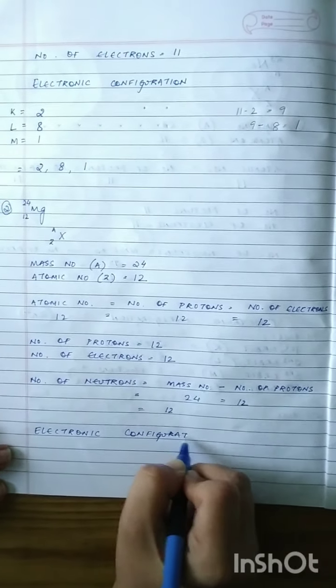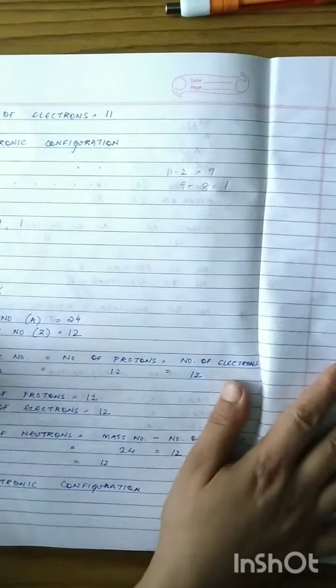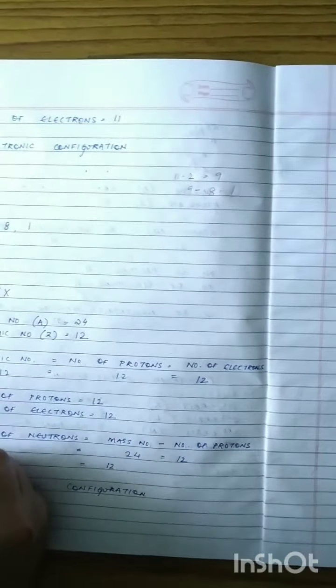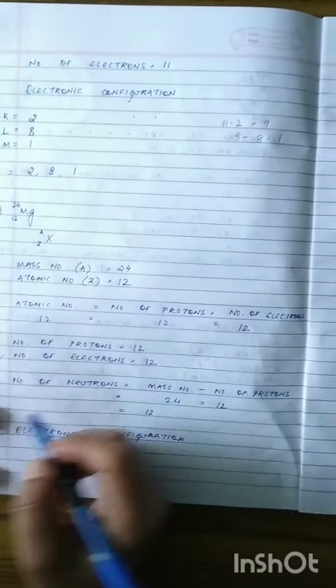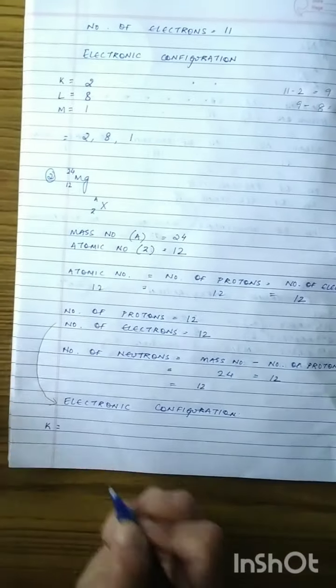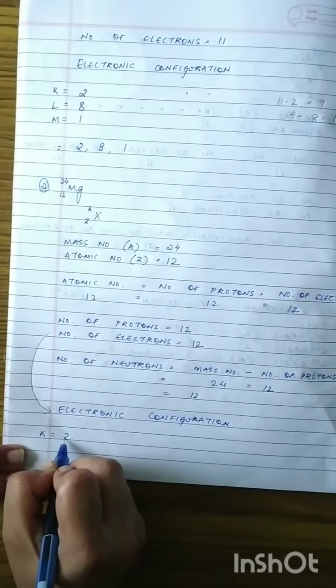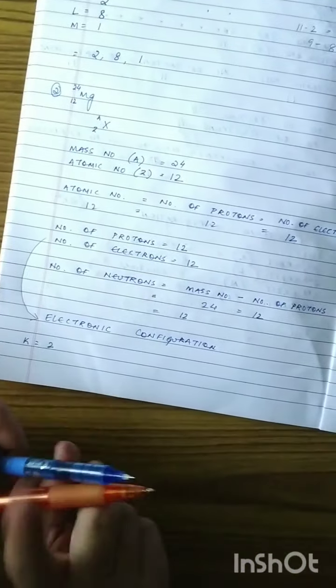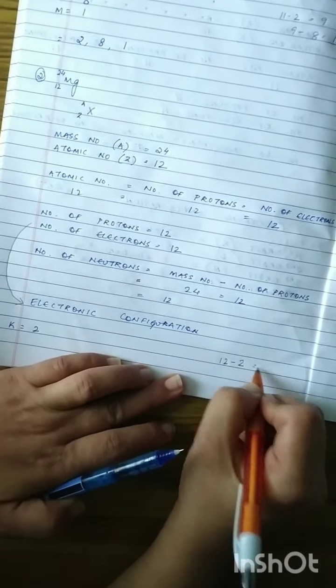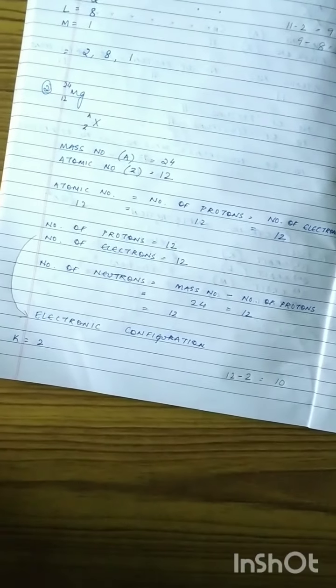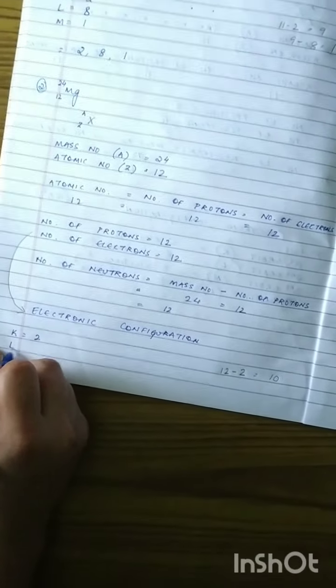So electronic configuration is the arrangement of electrons. So how many electrons are there? 12. So first orbit, that is K, maximum of 2 electrons. So not more than 2. So out of 12, 2 electrons in the first orbit, I go to the second orbit with 10 electrons.